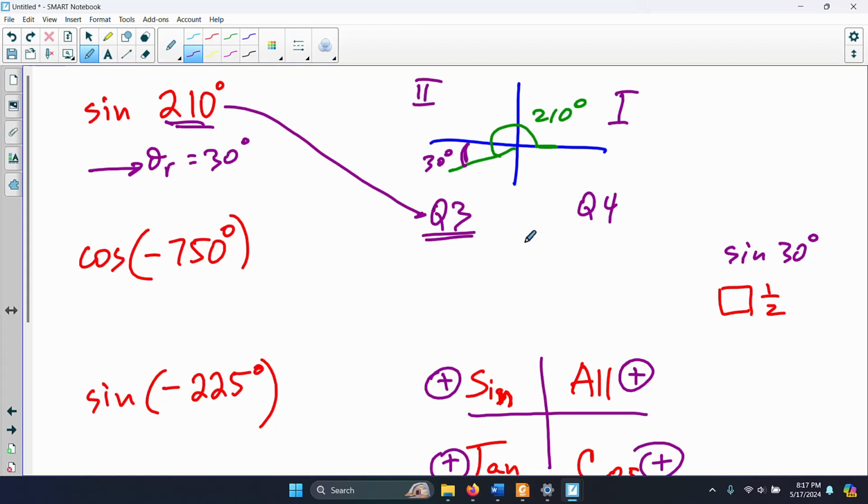So my answer is a combination of the sine of the reference angle, 30 degrees, which is 1/2, followed by a positive or negative sign depending on which quadrant I'm in. I am in the third quadrant, so my answer is negative 1/2. The answer is a combination of a couple of facts, but it really is sine of 210 equals negative 1/2. That's my ultimate answer here.